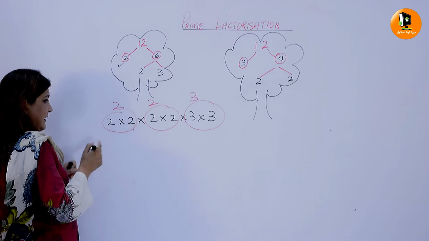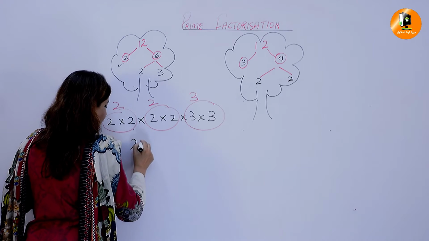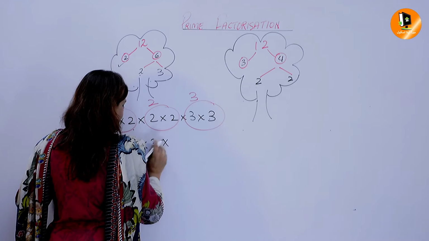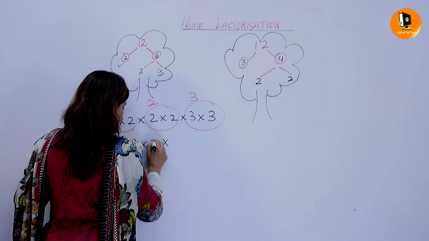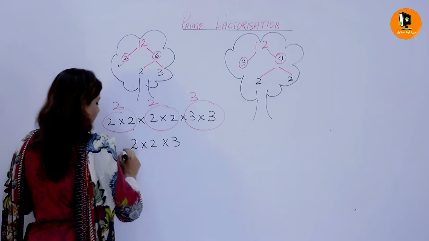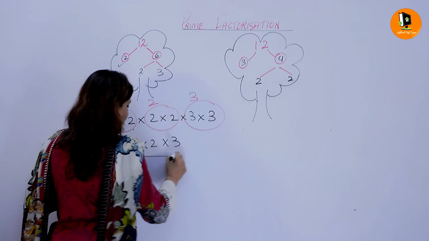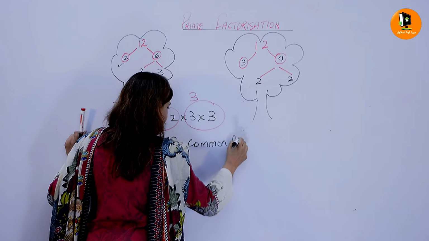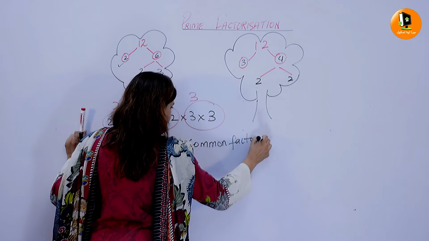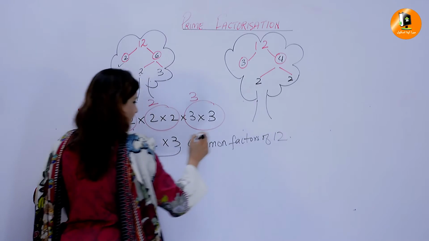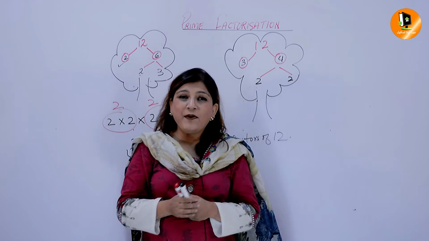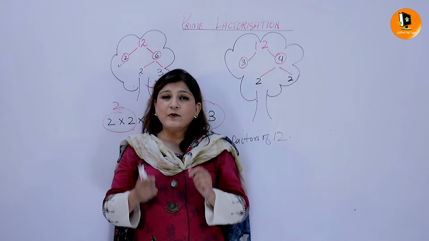We can say that 2 into 3 into 2 into 2 into 3 are the common factors of 12. 2 into 3 into 3 are the common factors of 12.